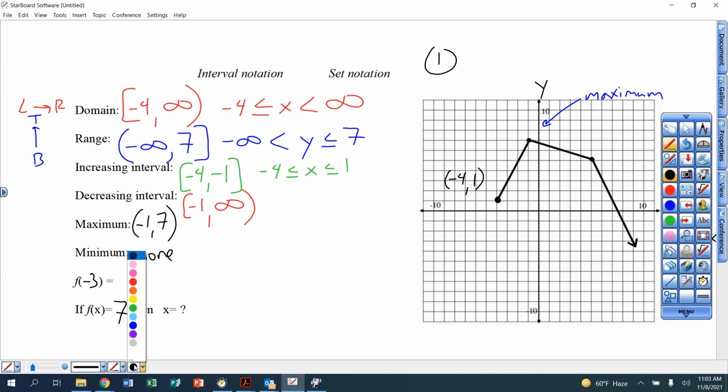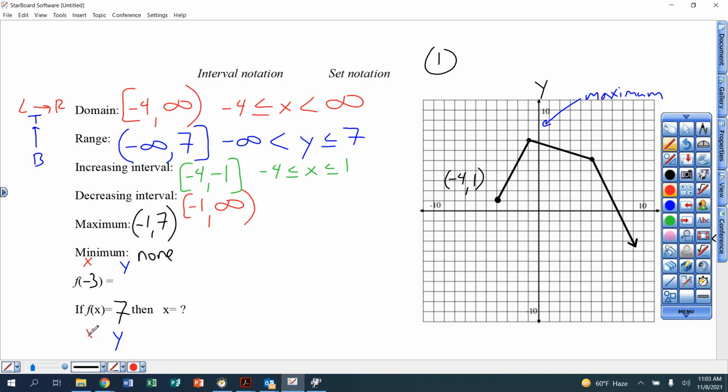Now, these are where I give you x and you use that to find y, or I'll give you sometimes y first to find the x number. So that first one, me giving you f of -3, that's me giving you x is -3. Find what the graph says y is when x is -3.